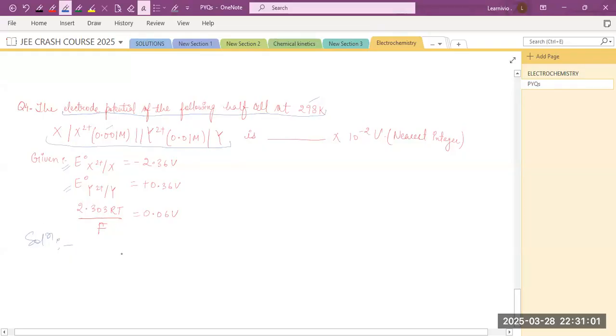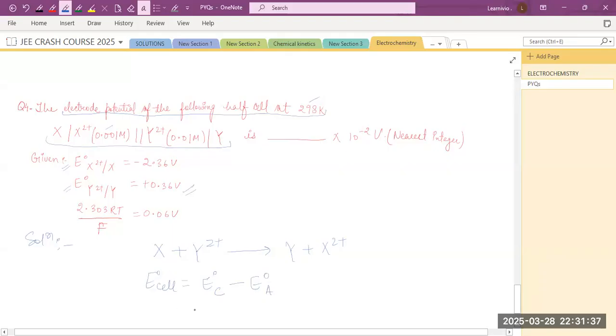First, write down the cell reaction over here. X plus Y2+ gives you Y plus X2+. And we know the formula for E naught cell: E naught cell is E naught cathode minus E naught anode, right? E naught cathode over here is E naught of Y2+/Y.